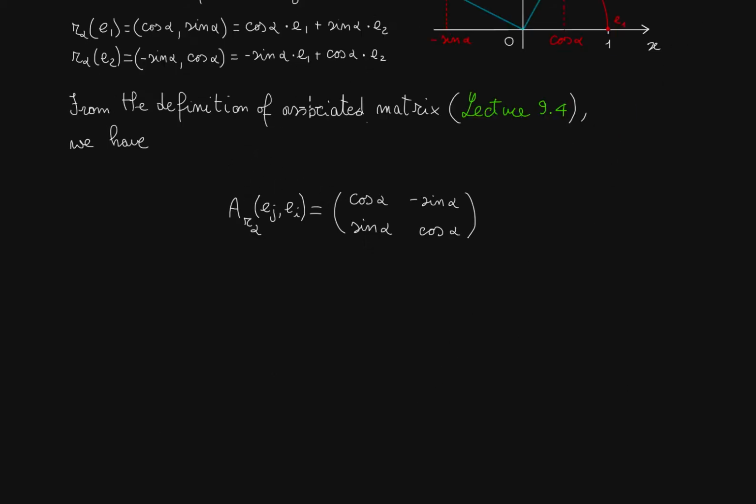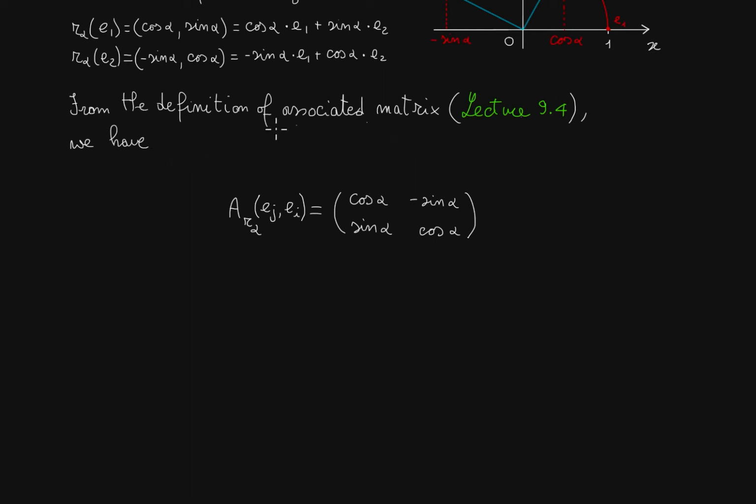I remind you that what we are trying to compute is this matrix, the associated matrix with respect to the canonical basis of domain and codomain, which amounts to finding the expression of R alpha in coordinates, as we have seen in the previous lectures.